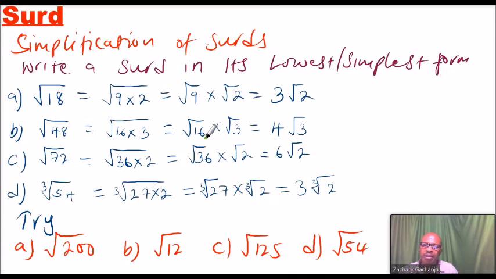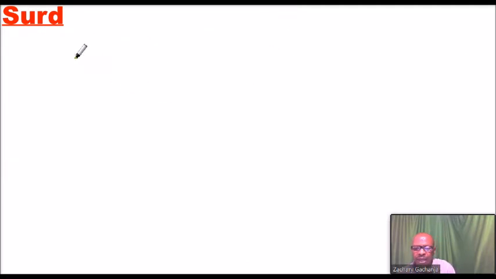And very important, this simplification is very important, as we are going to see in what we are going to do next. So the next thing we look at is operations of surds.